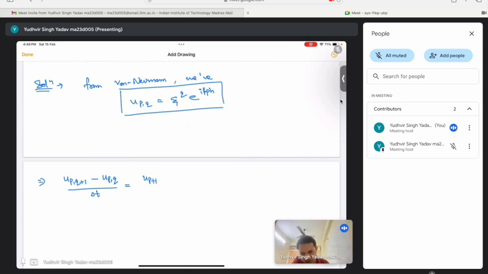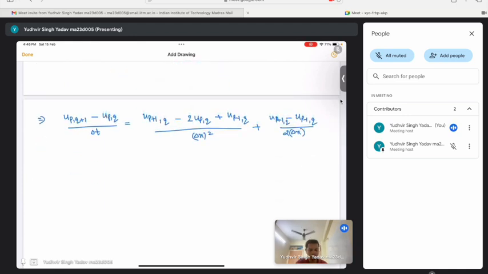First we use the second order central difference, that is u p plus 1 comma q minus 2 u p q plus u p minus 1 comma q divided by delta x square, plus u p plus 1 comma q minus u p minus 1 comma q divided by 2 delta x. This is the first order central difference formula, and earlier I used the second order central difference formula for the second derivative.